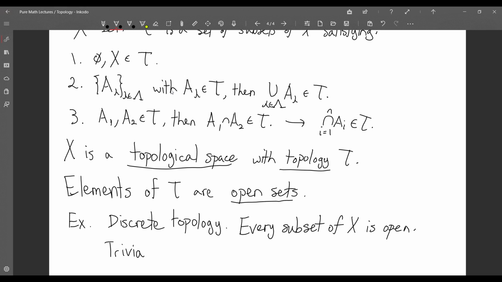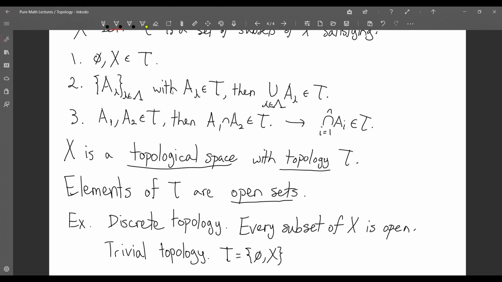On the other hand, you can define the trivial topology, where your topology is just the empty set and X, right?